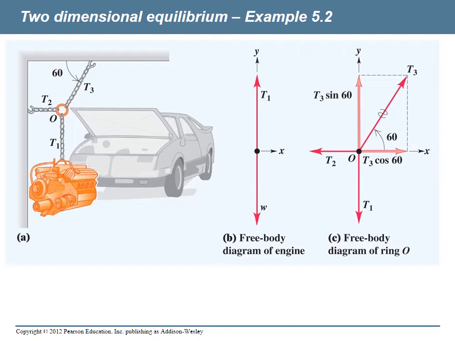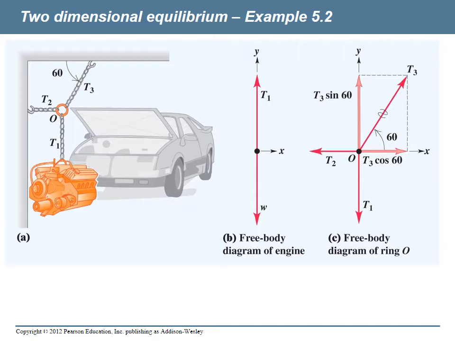And then we can go ahead and break apart tension 3 into its components. First step, right away, every time, we just want to break it up into the components, because that's what we're going to use to do our summation of forces. So then the x component is T3 cosine 60, and the y component is T3 sine 60. And it's just chapter 1 stuff, right? So here are our 2 free body diagrams, and now we can use this to solve the problem.